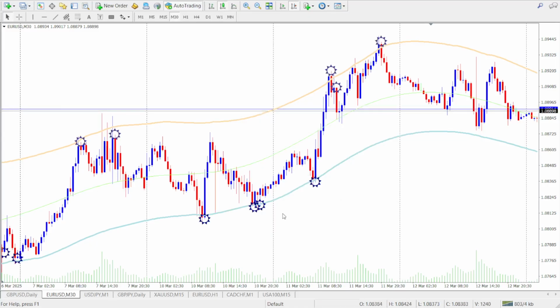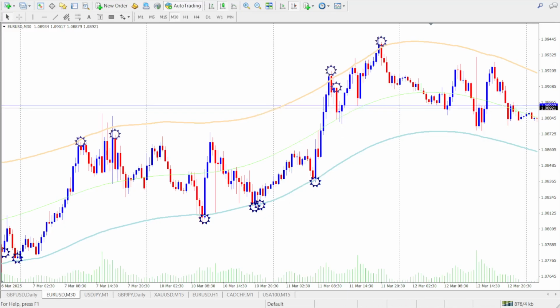All right, so we can see that these stars also help to confirm trade entries in addition to the channel, the upper bands and the lower bands. These stars are also giving precise entry signals, your sell signal, your buy signal.